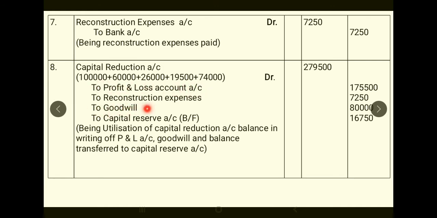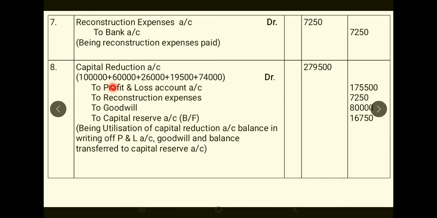P&L account and goodwill is as it is written. Reconstruction expenses, whatever here you have debited is written off here. Okay. And then still you have balance, so you will transfer it to capital reserve account. Capital reduction account, whatever balance is remaining in capital reduction account after utilization should be capitalized or transferred to capital reserve account, which will be shown in the balance sheet under reserves and surplus on the liability side.